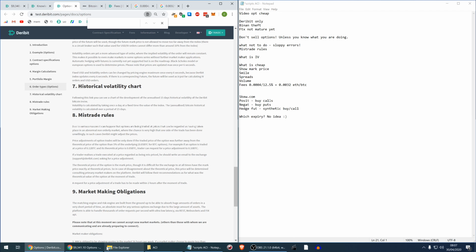This creates a synthetic call, and if skew favors you, this can be a very good trade.